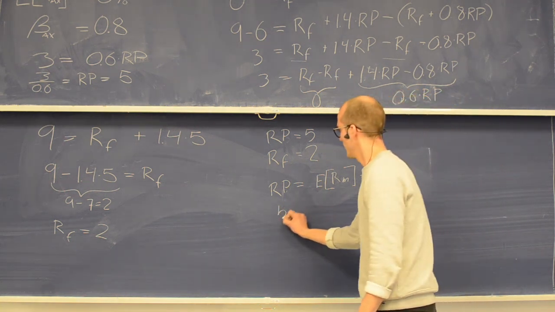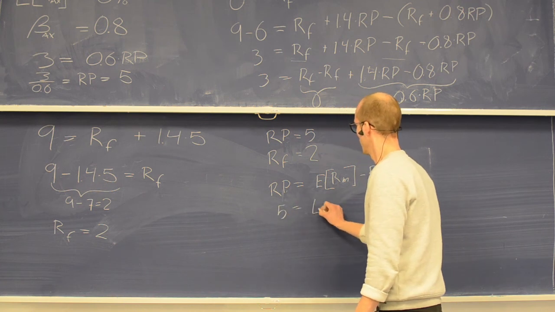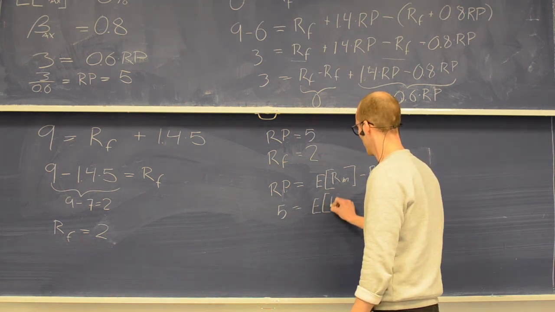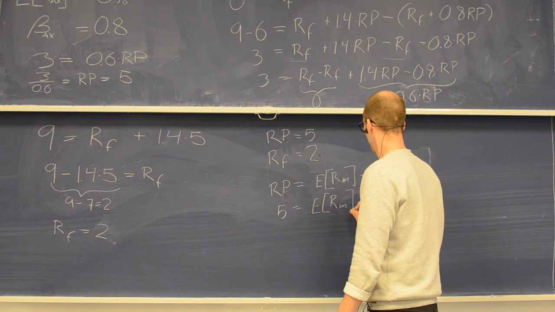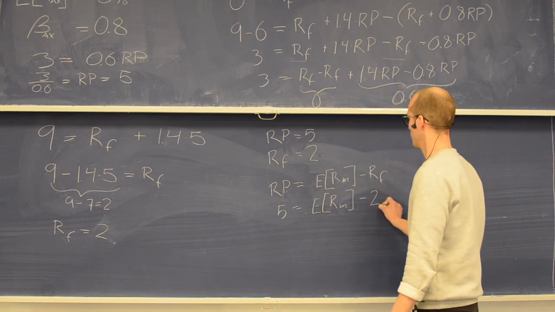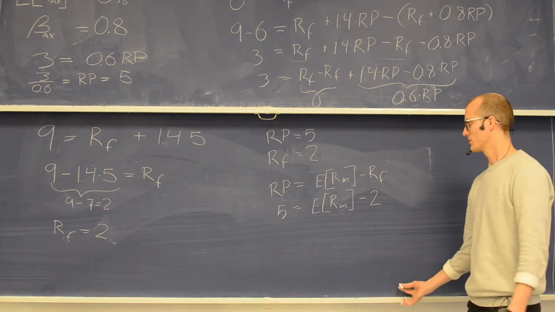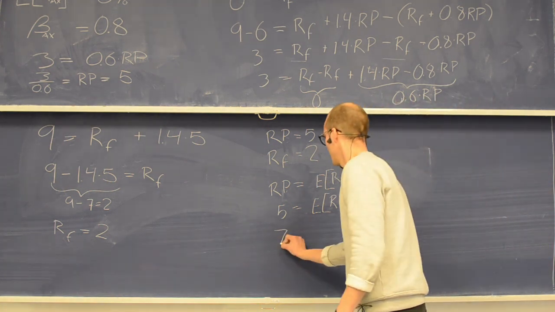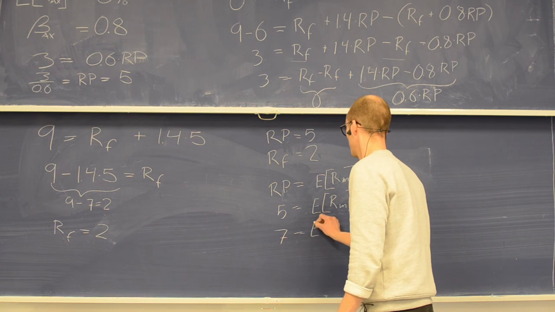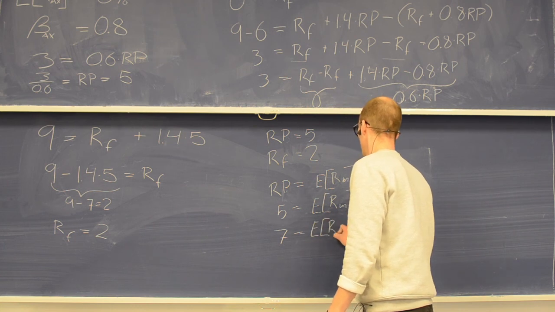So 5 is equal to the expected return on the market minus 2. So we can take plus 2 on both sides, and we have that 7 is equal to the expected return on market.